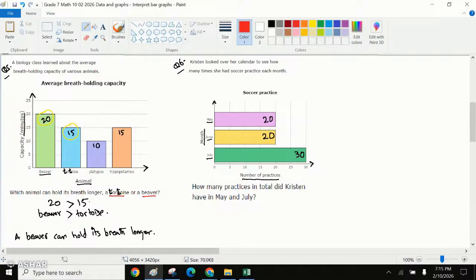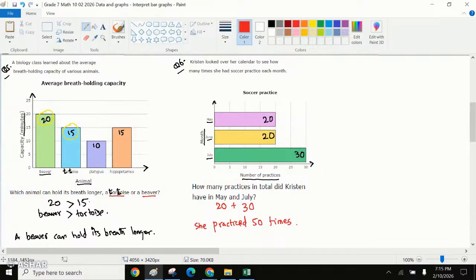So we know that May was 20 and July was 30. So she practiced 50 times in 2 months.